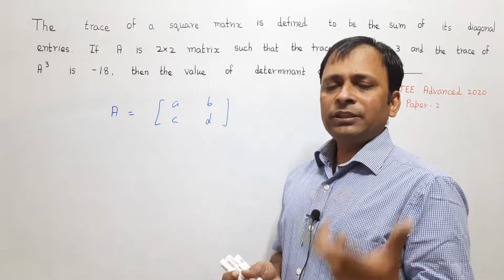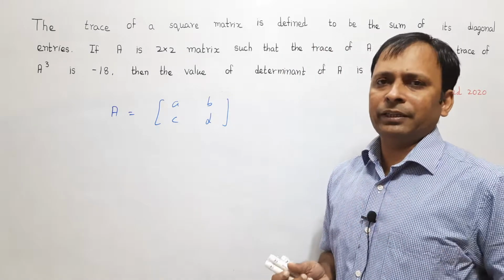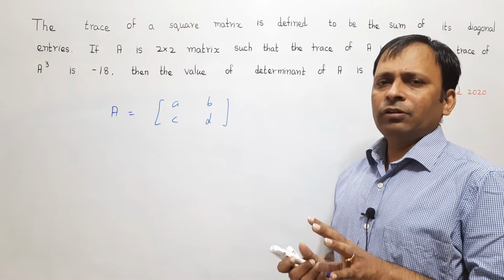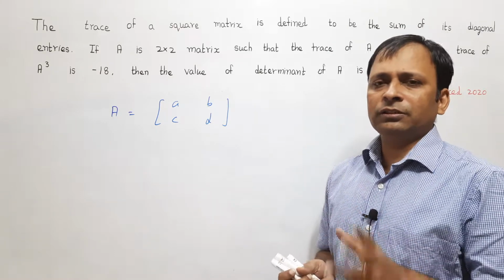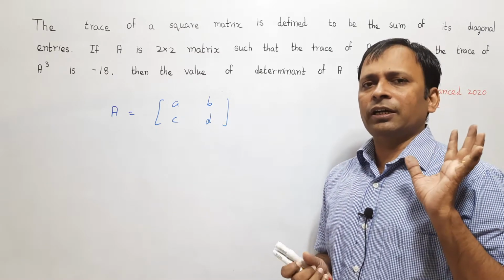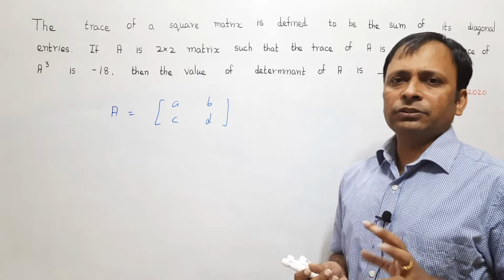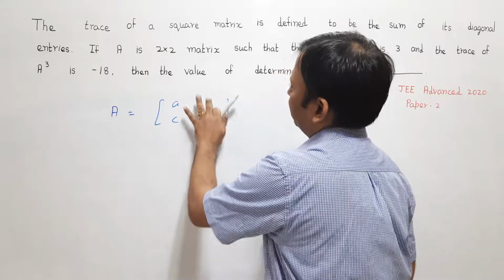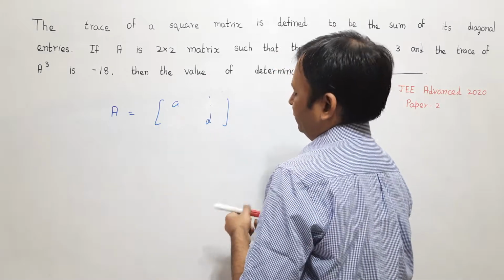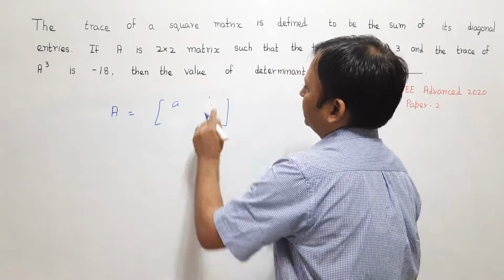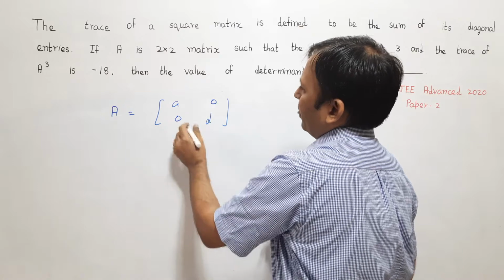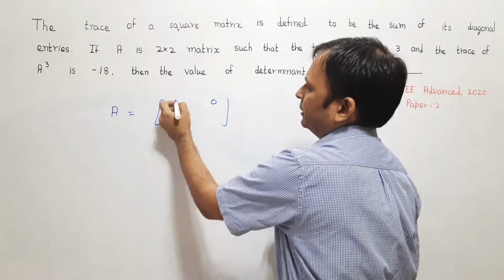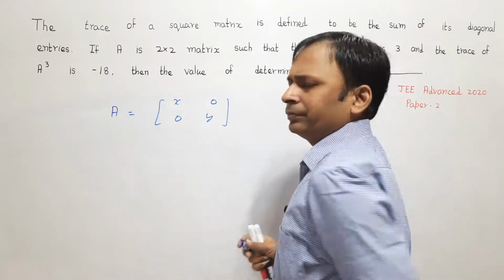So the first thing is how to frame such a matrix. Let me consider the easiest matrix, which requires minimal calculation. That would be a diagonal matrix whose non-diagonal entries are 0 and 0, and the two diagonal values I can take as anything, say x and y.